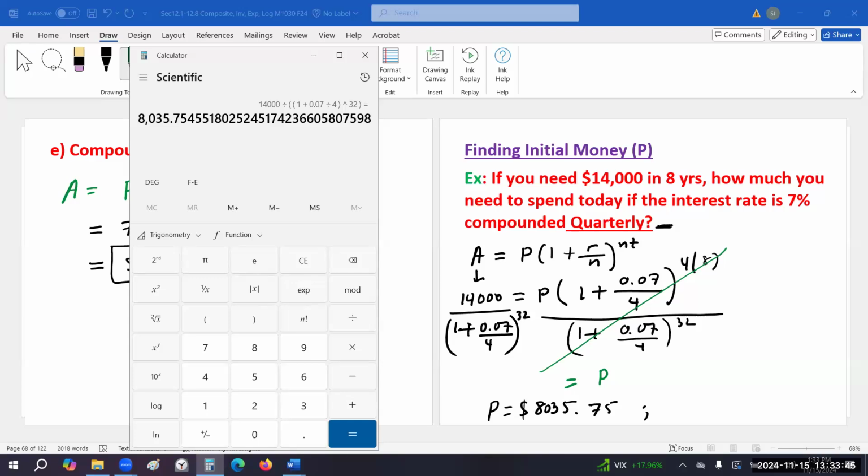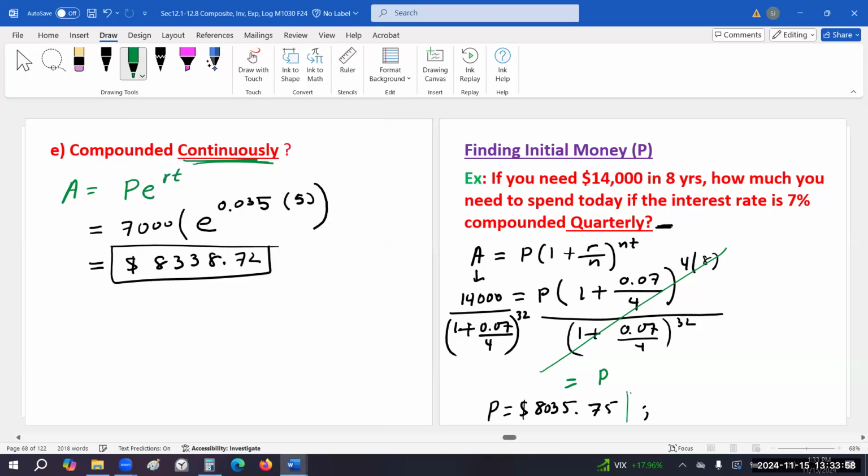Clicking that, we get 32, then close the parenthesis. So when you insert your number, the parenthesis does matter. So this is our final amount. Today we need to invest $8,036 so that after 8 years, it becomes $14,000.